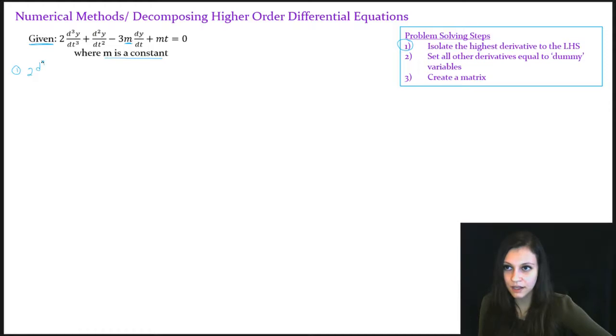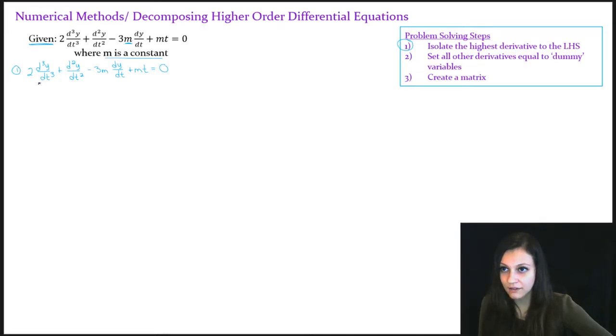So 2 times the third order derivative plus the second order derivative minus 3m times the first order derivative plus mt equals 0.